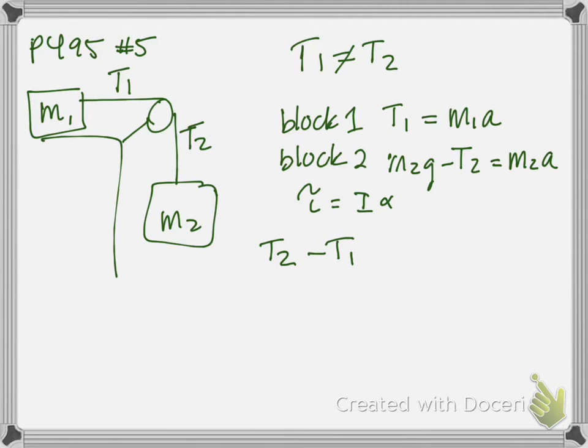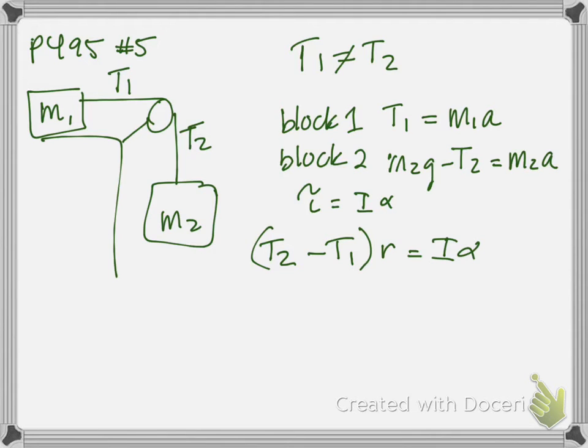Think of T1 as pulling M1 to the right, but then making the pulley rotate in the opposite direction. So that's how we get the net force on the pulley. Then we multiply that by R to get the net torque on the pulley, and that's I alpha.